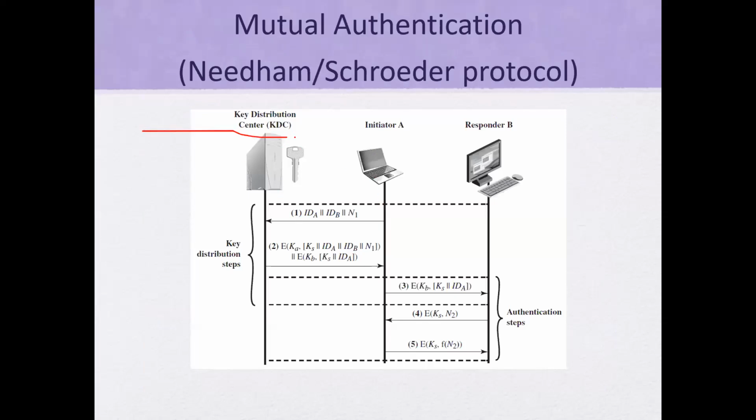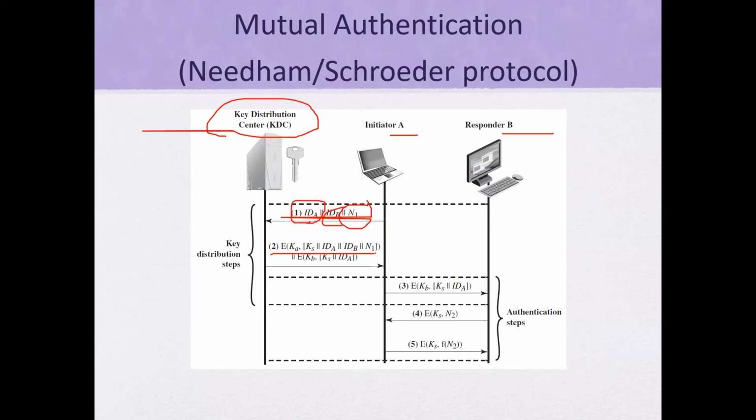So we have a key distribution center, and we have two respondents, A and B. When there is communication between the respondent and initiator A, the key distribution center is going to verify the authentication or the digital signature of A and B. Along with that, it is going to send a message called a nonce between A and the key distribution center.